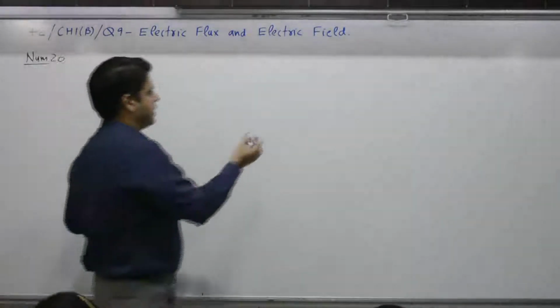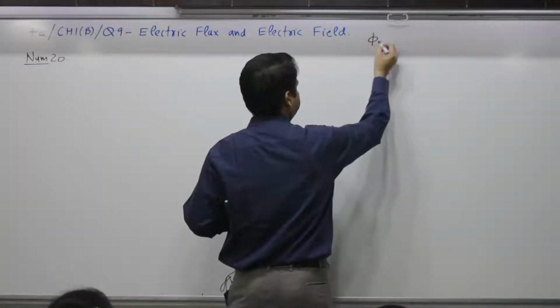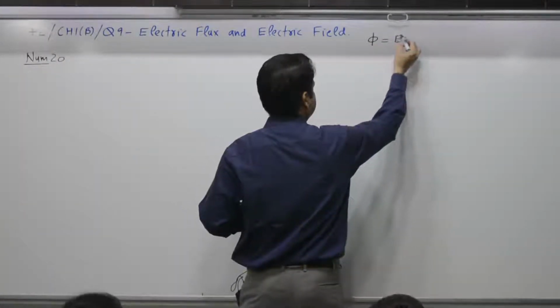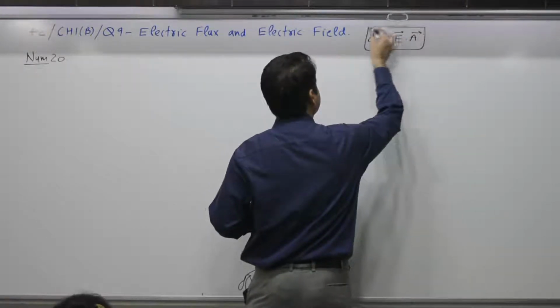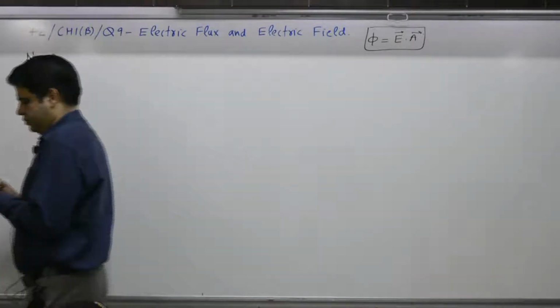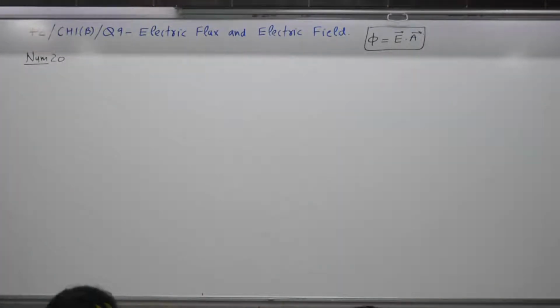All these numericals are based on electric flux phi is equal to E dot A. Numerical number 20 is a rectangular surface of sides 10 centimeter and 15 centimeter is placed inside a uniform electric field of 20 volt per meter. It is page number 1 by 115, chapter 1C.